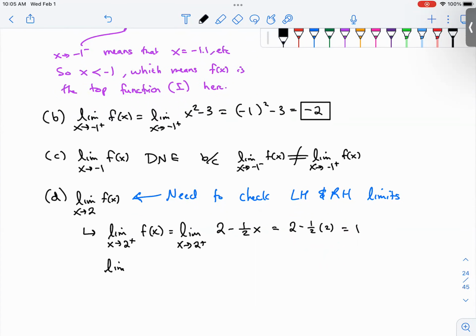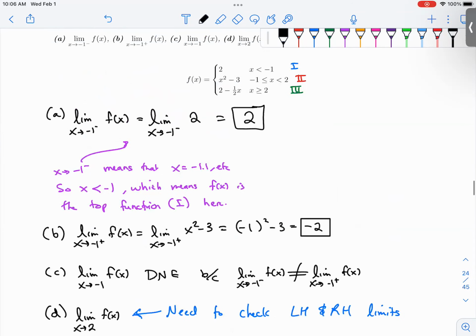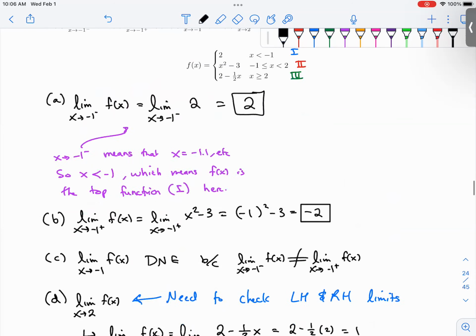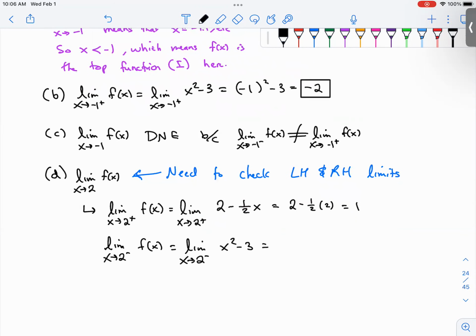The limit as x approaches 2 from the left of f of x. This time, since you're approaching 2 from the left, you're talking about values that are less than 2, which means you're in piece 2 of your function. Meaning when you are approaching 2 from the left, your function is going to be the middle function. So this becomes the limit as x approaches 2 from the left of x squared minus 3, which equals 2 squared minus 3, that's going to equal 1.